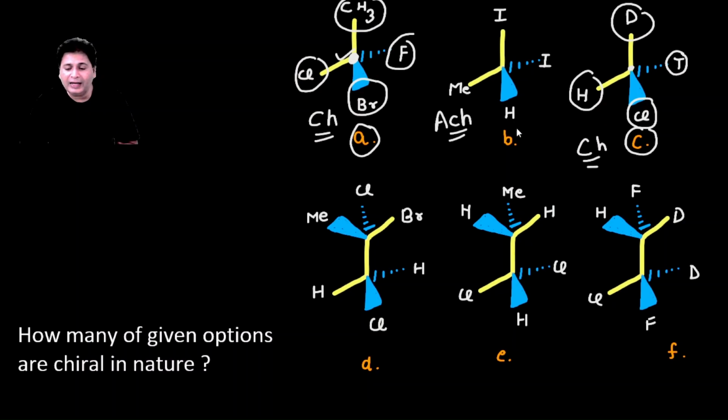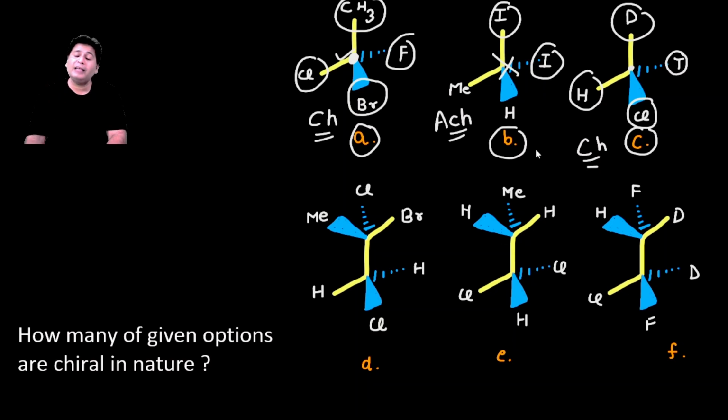On the other hand, B, which got superimposed on its mirror image, or is achiral, does not have any chiral carbon, because these 2 groups are the same, and I have already told you, to be a chiral carbon, all the 4 groups attached to that carbon must be differently substituted.